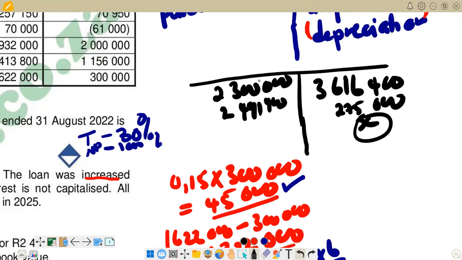So to find this figure, we're just going to say this one plus this one minus this one minus this one, and we'll get this one. So this is the working that we are just going to summarize on the other section.